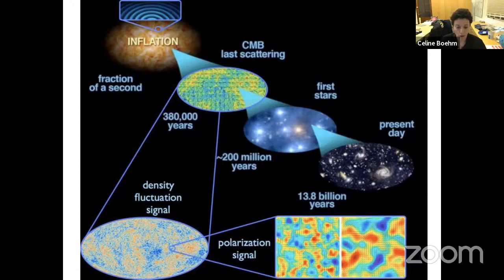So I hope it's clear, and I hope you appreciate how special BBN is for reconstructing the history of the universe. But the main thing we can learn is from the moment where the ordinary matter stops scattering with the photons, up to now.